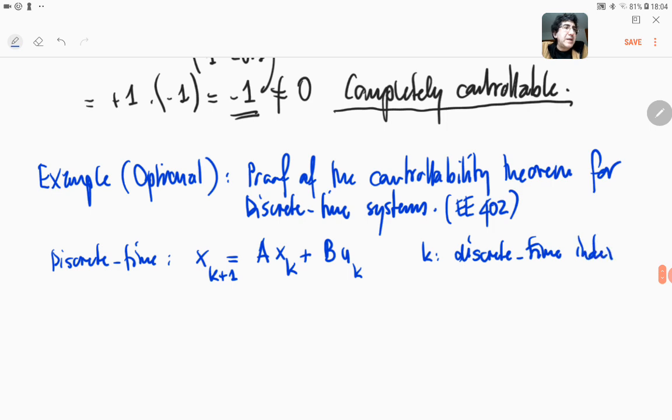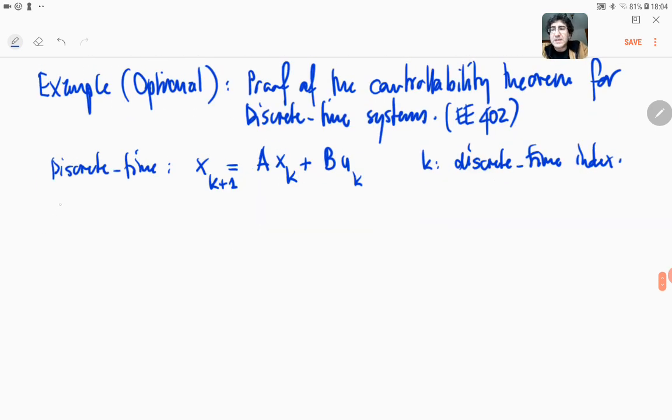In fact, many properties are more intuitive for discrete time systems because you can iteratively explore what happens with the state. Okay? So what is our question?